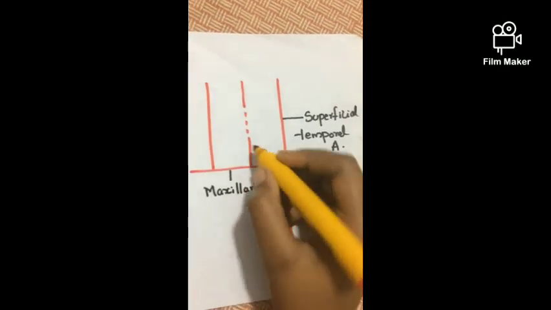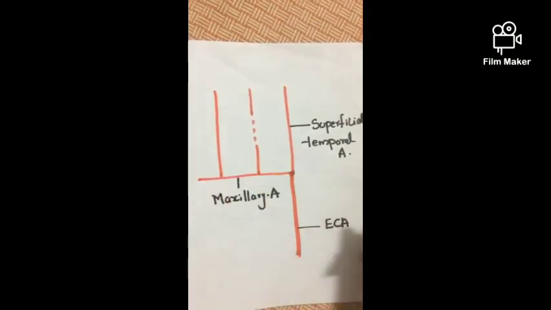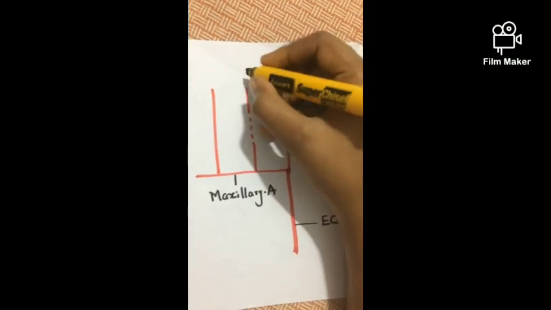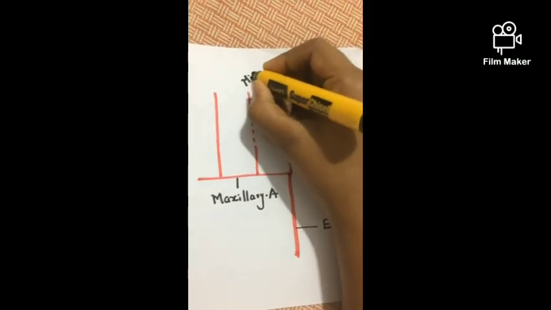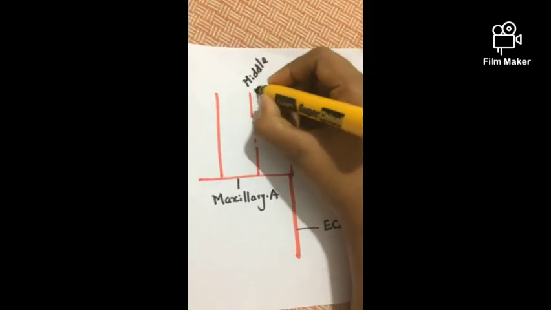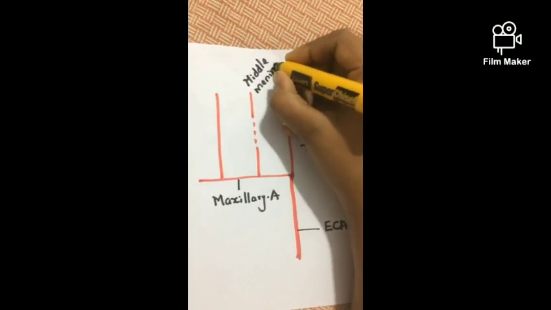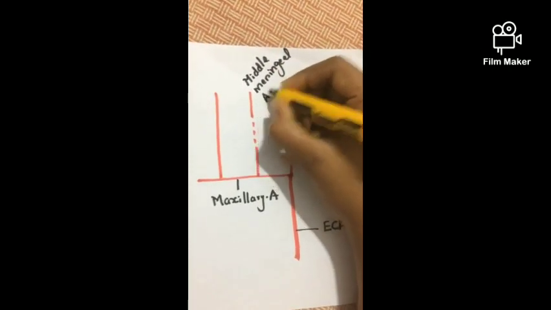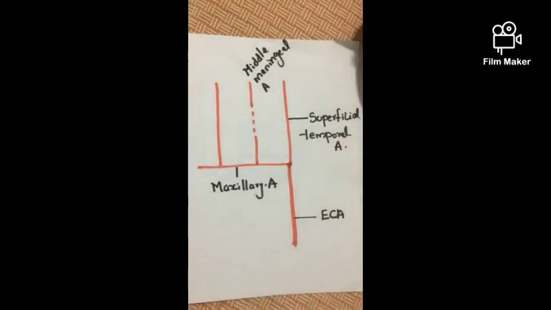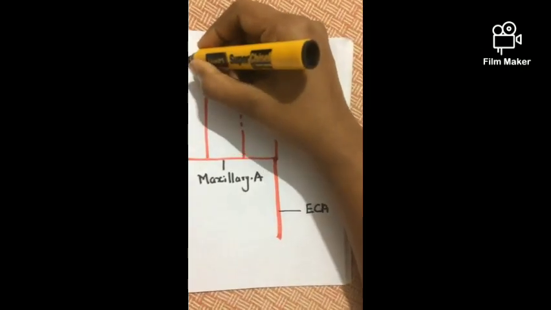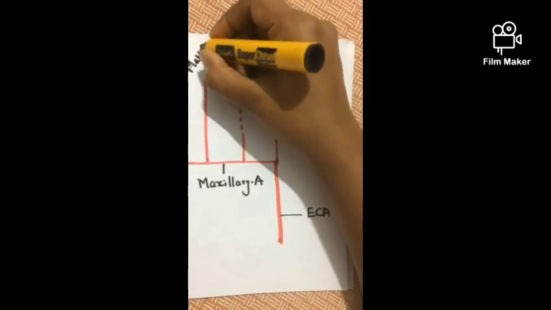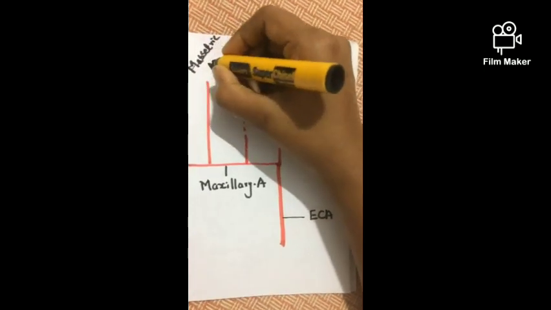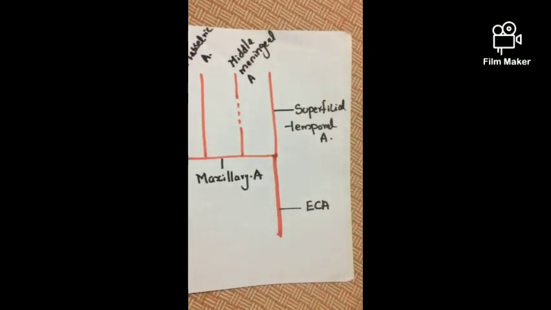The middle meningeal artery arises from the first part, and the masseteric artery arises from the second part. So this is the middle meningeal artery, and this is our masseteric artery.